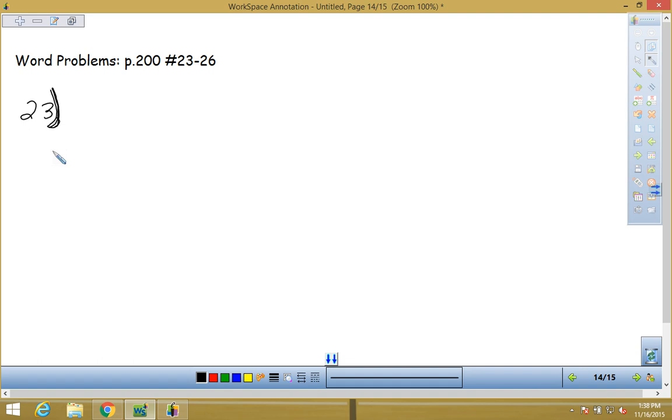Okay, if you'll look at number 23 with me, if you'll notice up above the number it has some instructions about the story problem itself. So follow along as I read it aloud. Yes, this will say in notes.